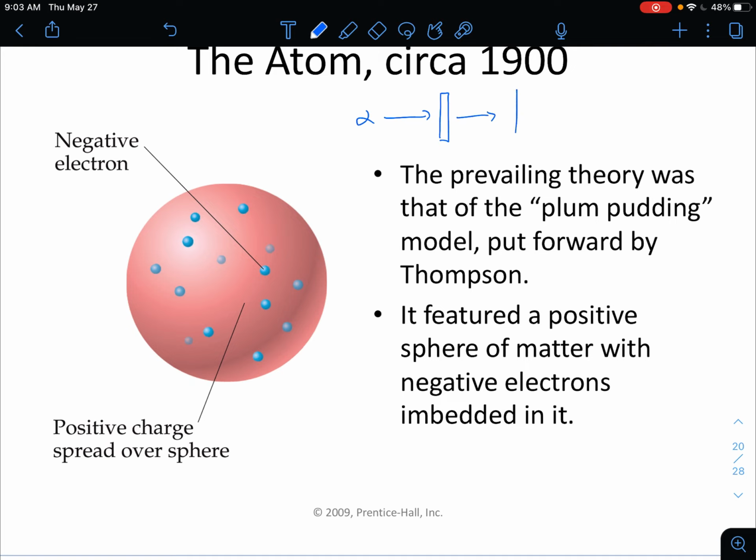And then he had a detector, I think just a coated screen that would show alpha particles colliding with the screen. So the expectation would be that 100% of particles go through. If the plum pudding model is accurate, that's what we would expect. Let me just say expectation.